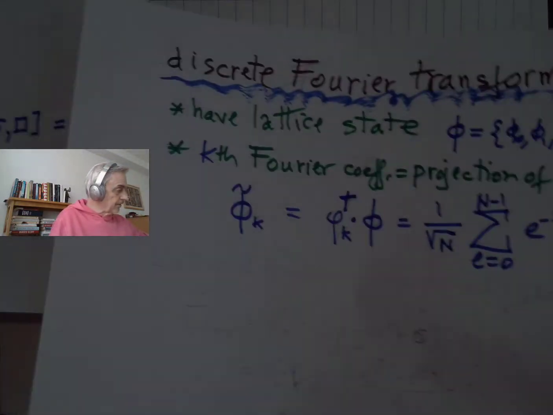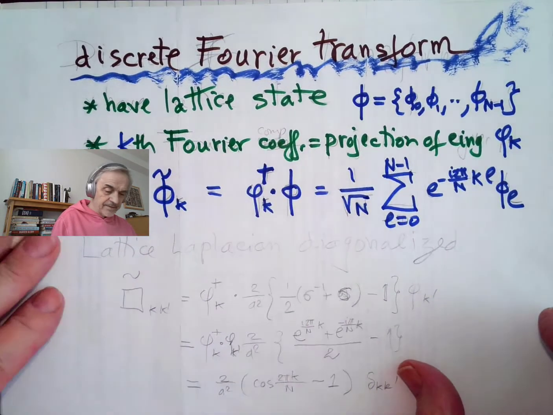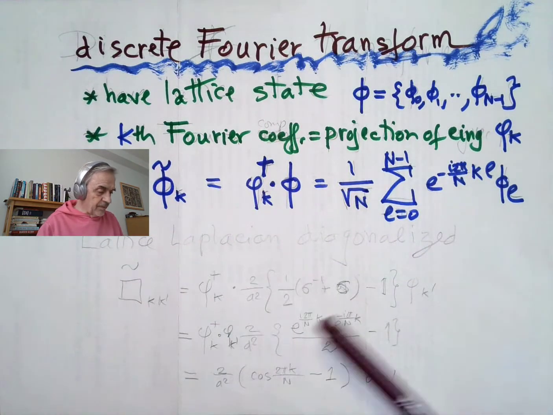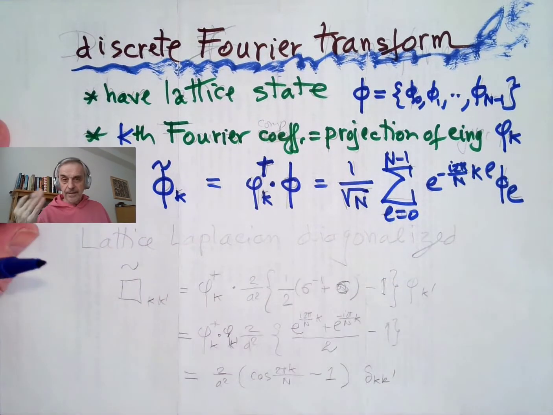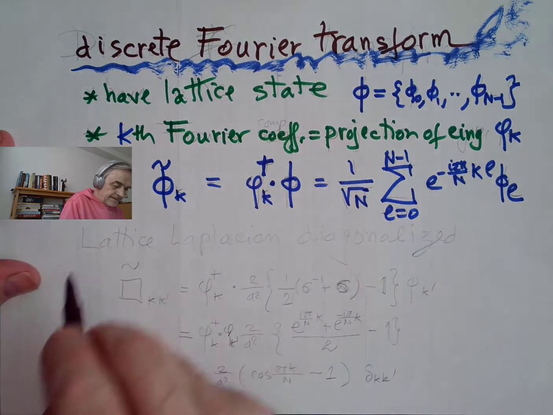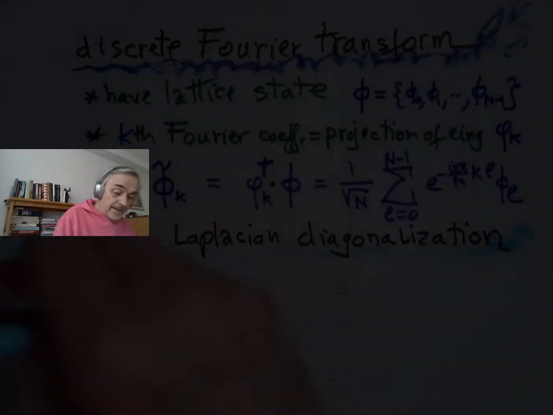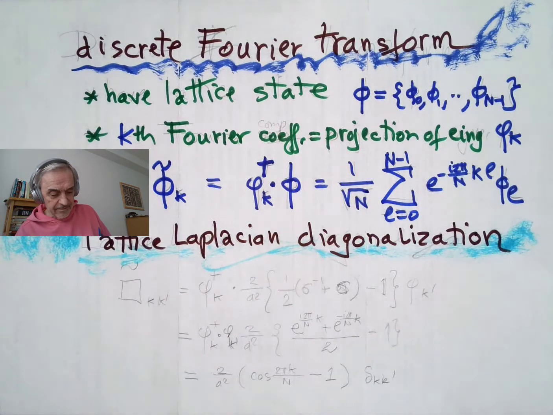So now let's go back to our technology of discrete Fourier transforms and look at how we can use this method of projecting things onto Fourier components. That's called lattice Laplacian diagonalization.